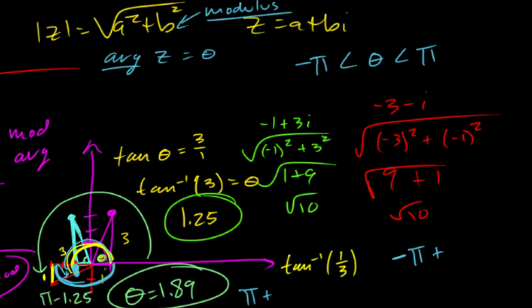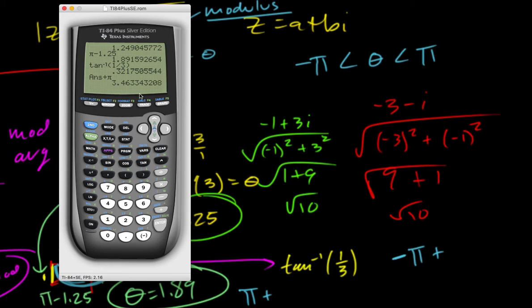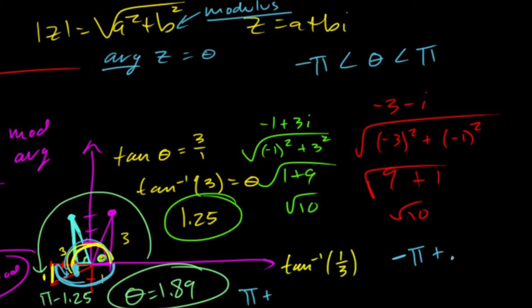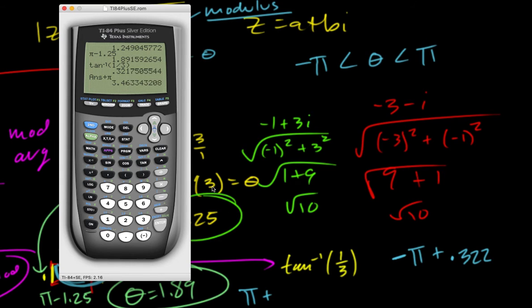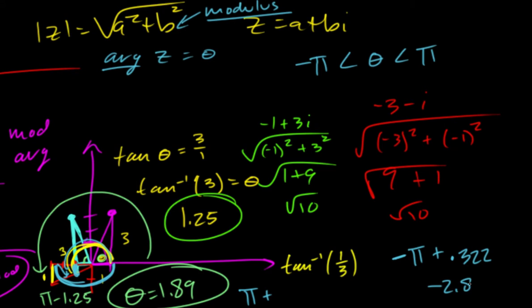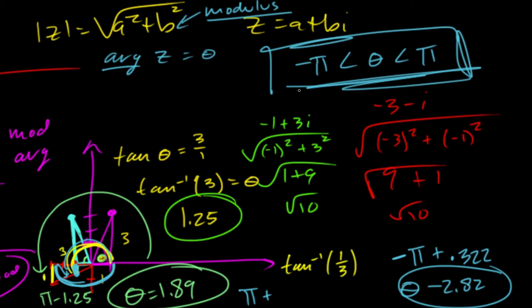I know that's kind of confusing. So negative pi plus 0.322, I get negative 2.82. Alright, so don't forget that like I did for a second, but that's how the argument needs to be measured.